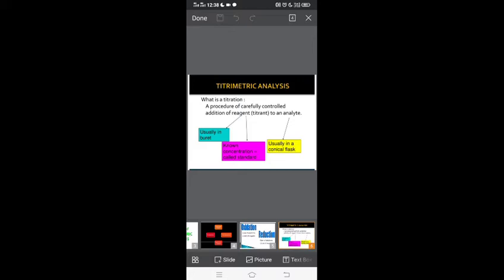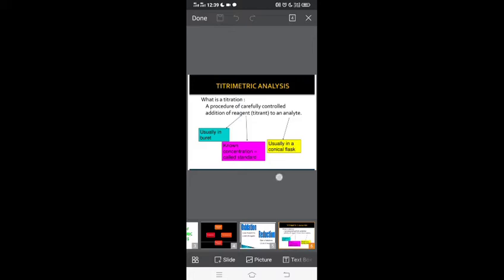The known concentration substance is called a standard substance, which we usually take in a burette. So you need to remember that in the burette we fill the solution with known concentration, and the unknown concentration solution is filled in the conical flask. Known concentration is our reagent or titrant, whereas the unknown solution is our analyte.